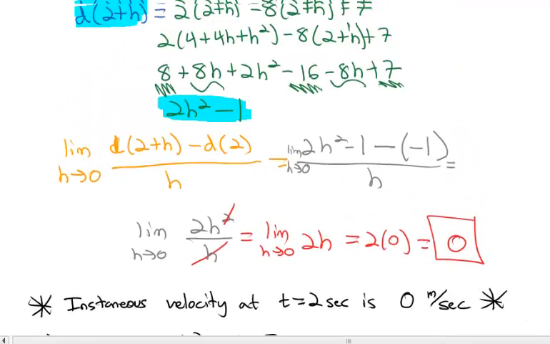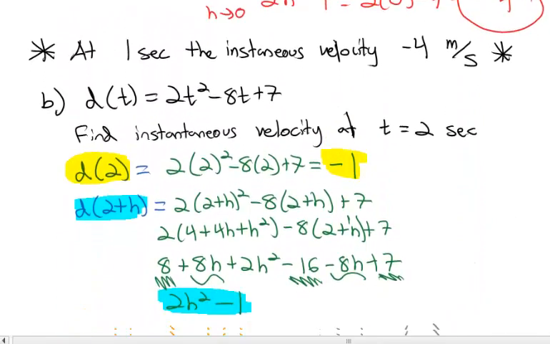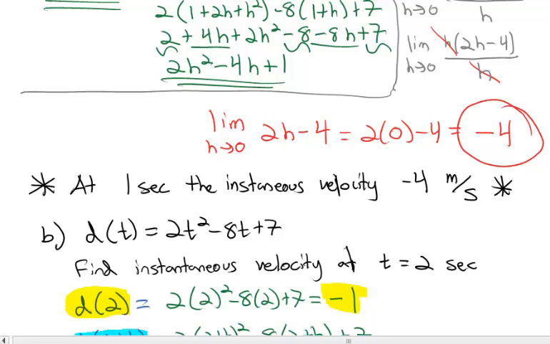And then if we go up a little further to the first example, at exactly 1 second, the instantaneous velocity was -4 meters per second. -4 means it was going backwards. It was coming closer to the original point. It wasn't going away, it was coming closer. So at 1 second, it was getting closer until at 0 it stopped, turned around, and went back.